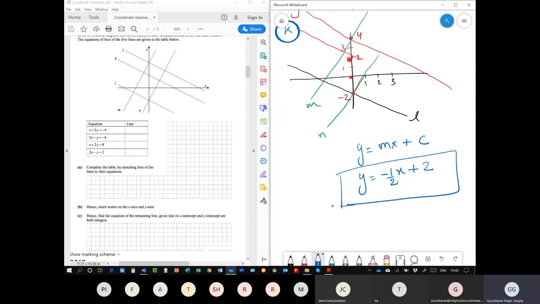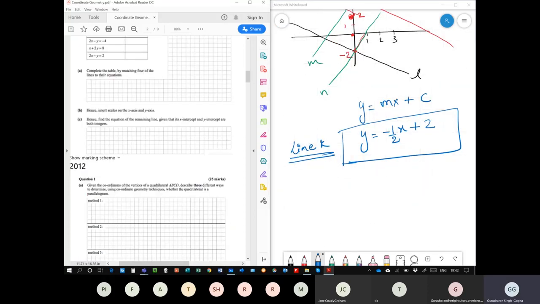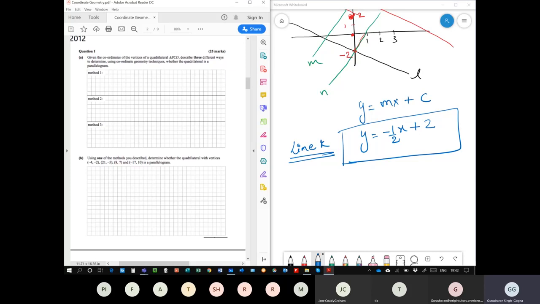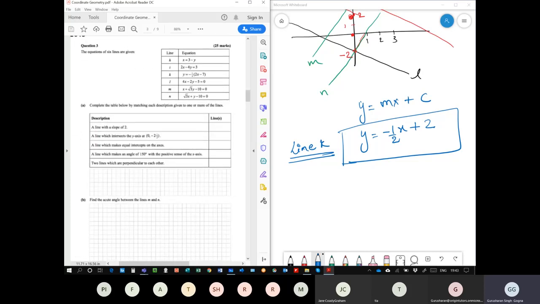So this way you can find out the equation of line K. Okay. You already know that this line is parallel to the other two lines, so the slope must be the same. And the y-intercept is 2 because it's passing through 2. That's the idea behind this question. Okay, let's pick another one.